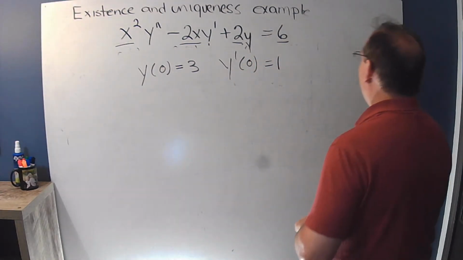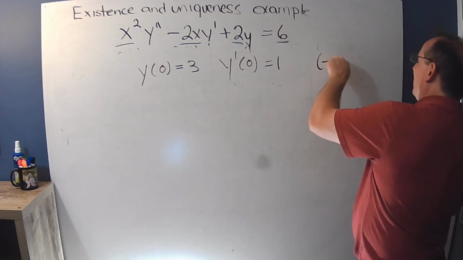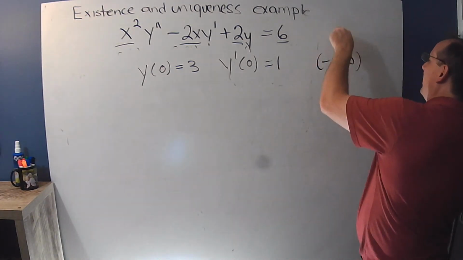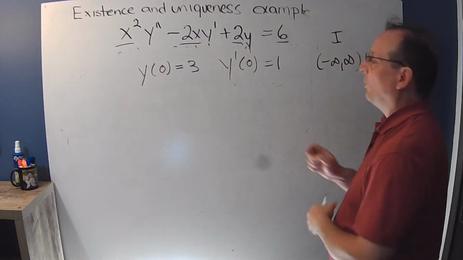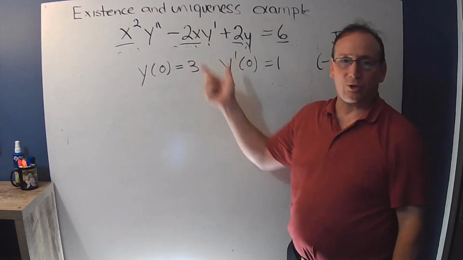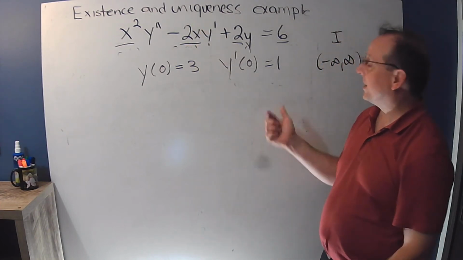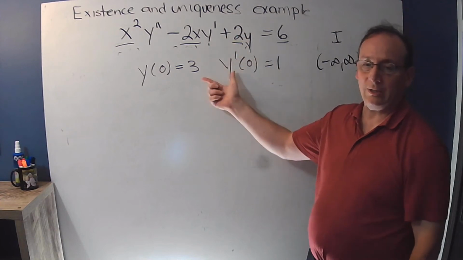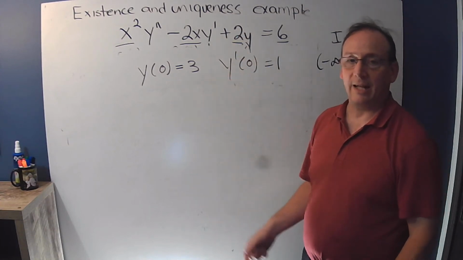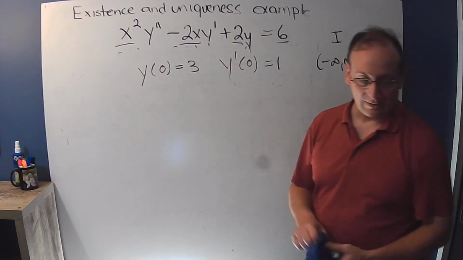Okay. And I'm going to think about this. We're going to expand out our interval and look at what is a solution. Is there a solution to this equation with these conditions, and is that solution unique?